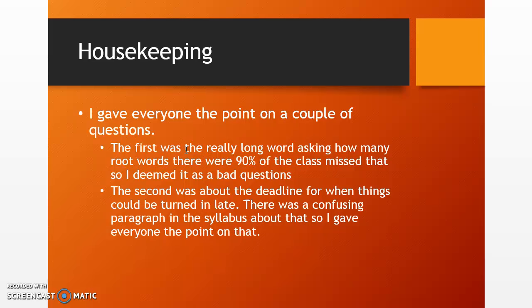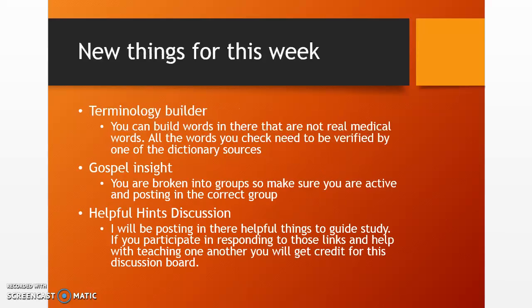And the second was that there was some confusion on the syllabus quiz about the deadline for late assignments. And so because of that, I gave everybody a point on that. Just so you know that what it said on the syllabus is nothing can be turned in late after week 12, and that is true. If you have any questions about that, let me know.